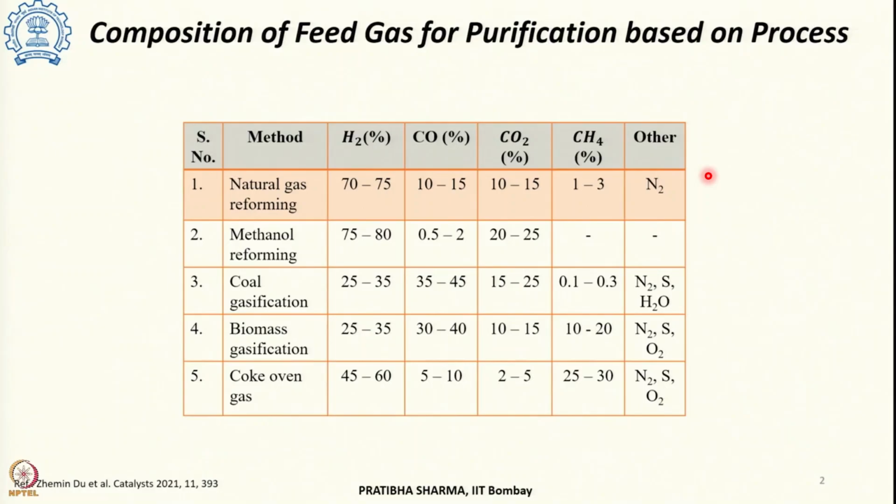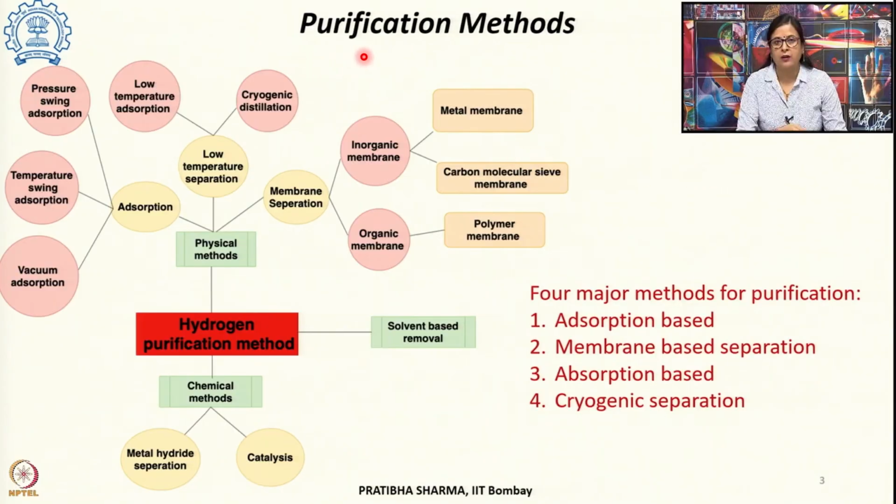Okay, there are four basic hydrogen purification methods. First is the adsorption based process: a gas mixture passes through one chamber, and the gases other than hydrogen, the impure gases, are adsorbed by the chemicals.